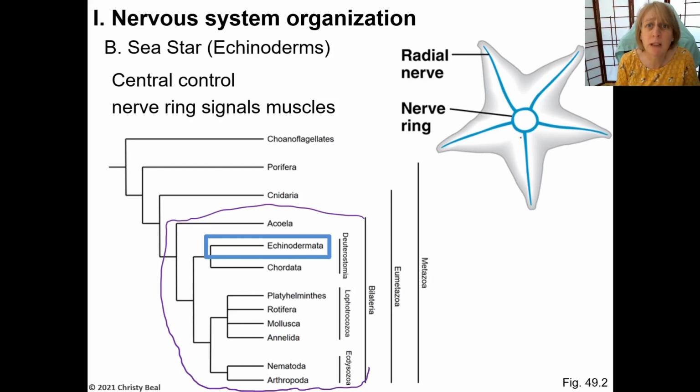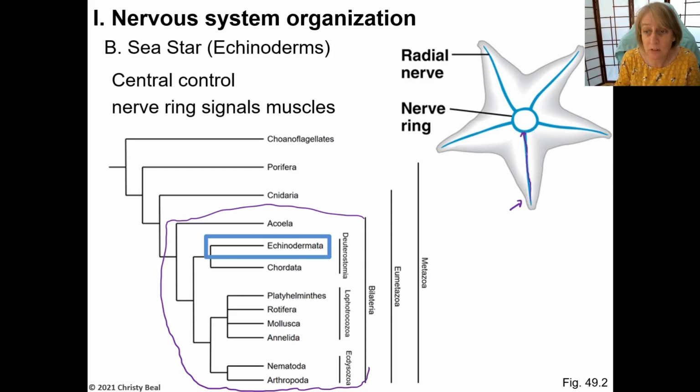But they do have a processing center, unlike a jellyfish, because their ancestors were bilateral. This processing center is called a nerve ring. If you poke a starfish, the stimulus is received. It travels down the arm to the nerve ring, where the nerve ring can interpret that the poking came to this arm.